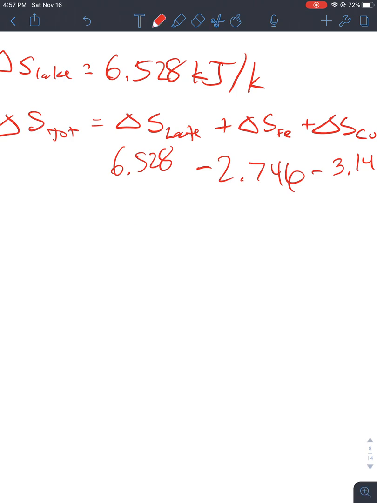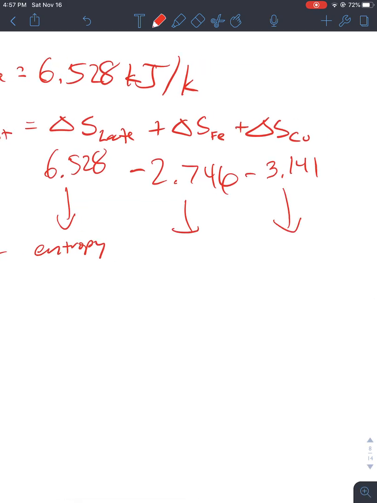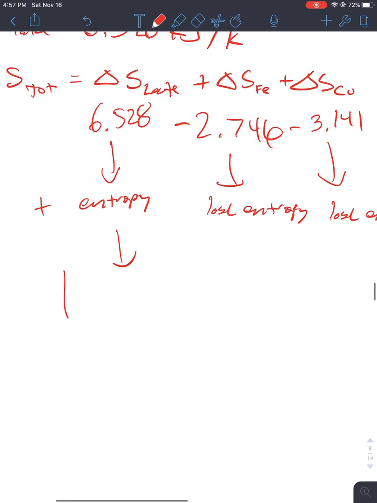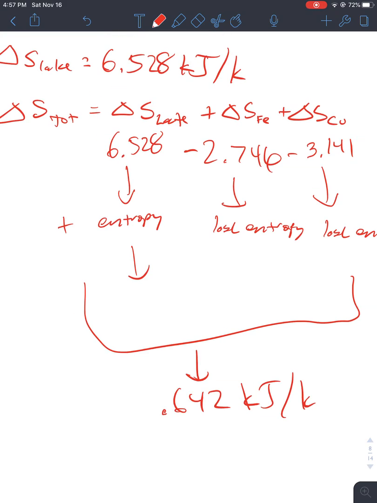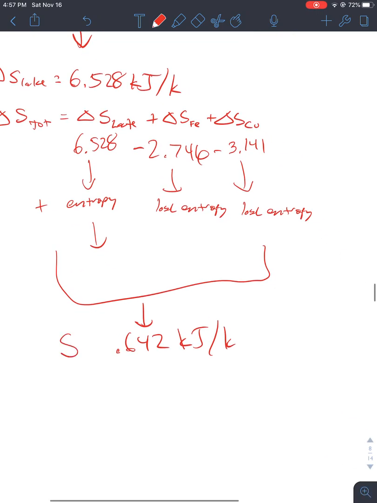So the lake gains heat, the lake gains entropy, and each of the blocks of iron lose entropy. Okay, and if you add all this stuff together, you get the value 0.642 kilojoules per Kelvin. So the entropy goes up.